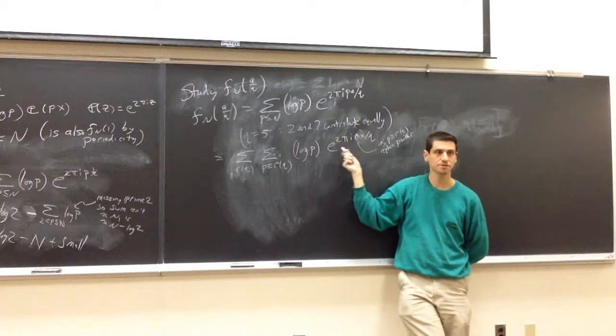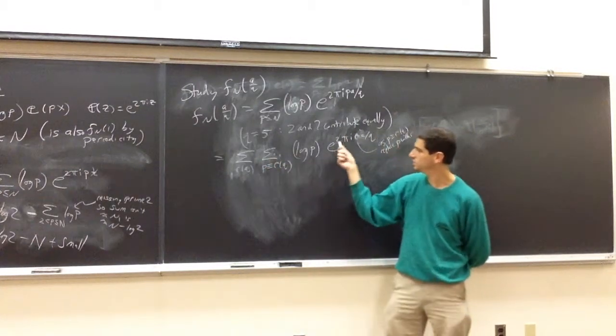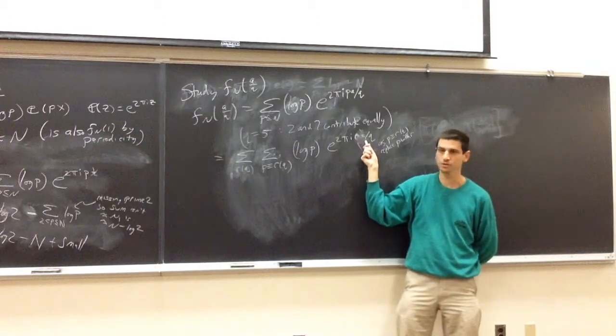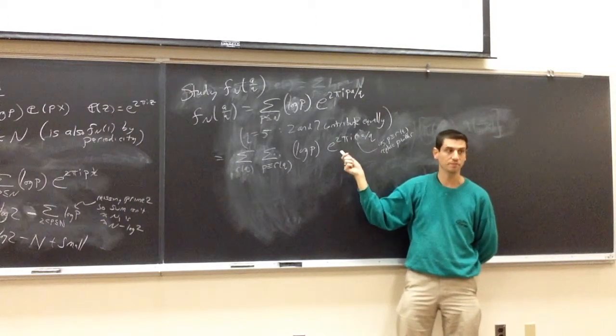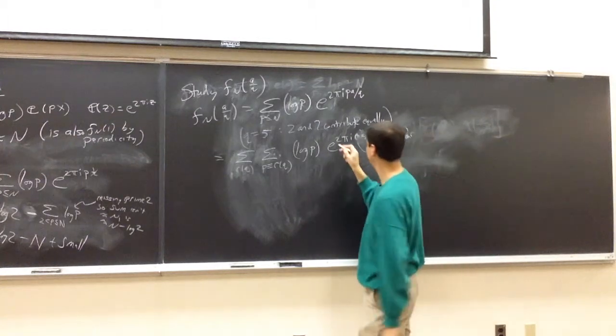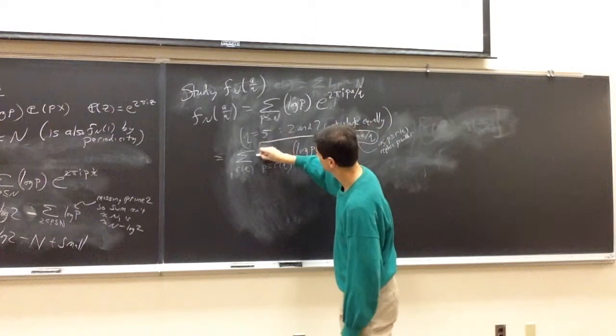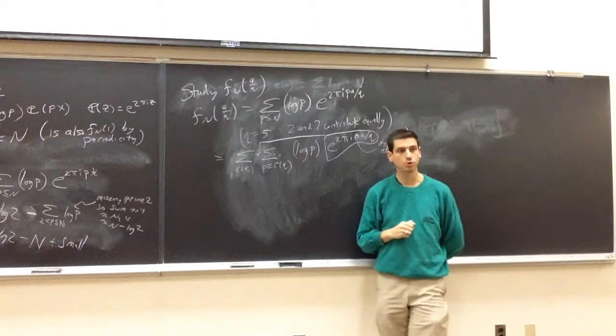What should I do with this piece? I've got a sum over R, sum over P, log P, e to the 2 pi i R a over Q. Pull it out of the sum. Does this have any P dependence? No P dependence. Pull it out. Right? We can pull it out of the sum.